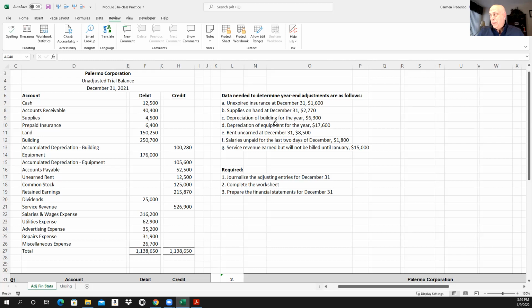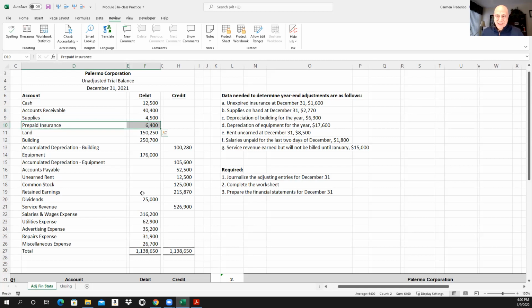So here we have some adjustments needed. We have unexpired insurance at the end of the period, which is December 31st, of $1,600. What does unexpired mean? Well, insurance expires over time. So we have some prepaid insurance on our books. We bought some insurance policies for our company. We paid $6,400 for the period.